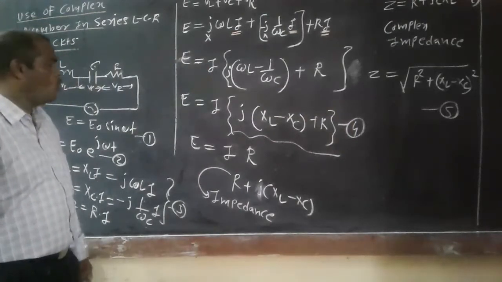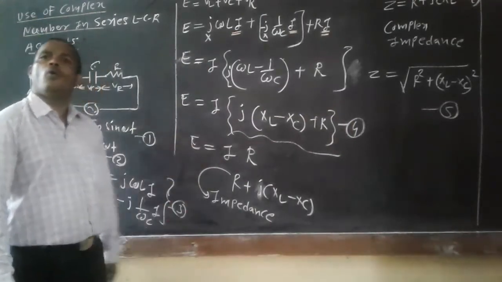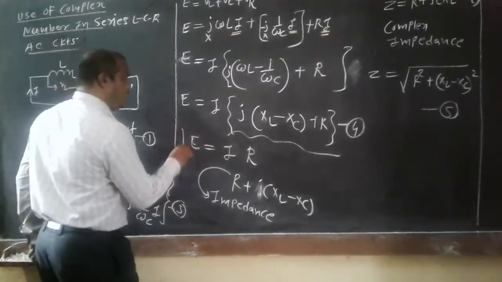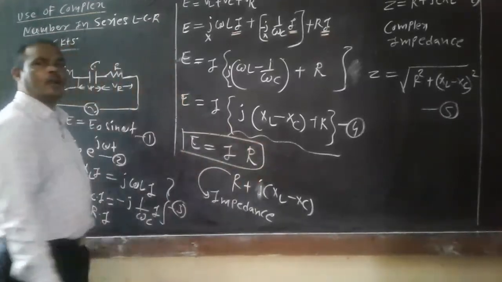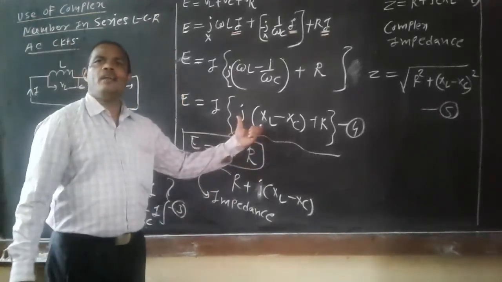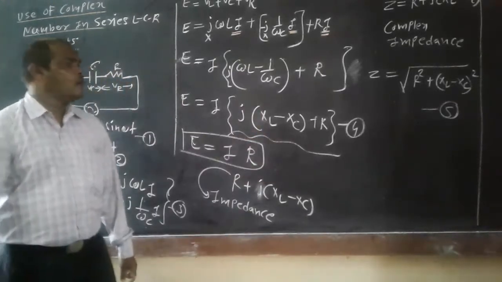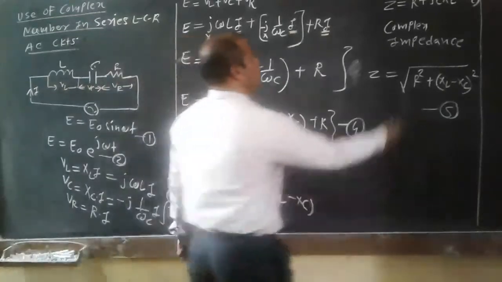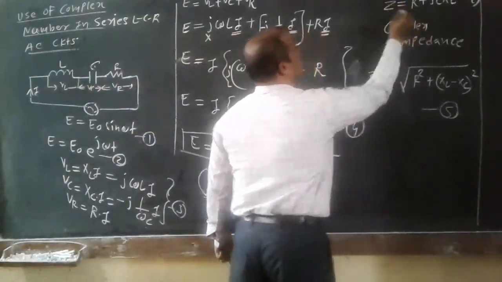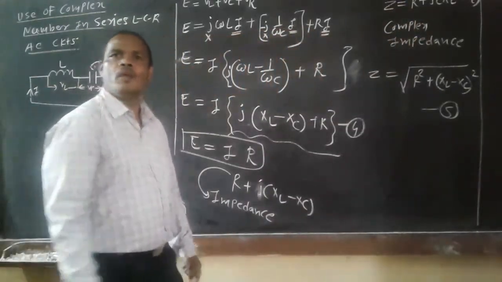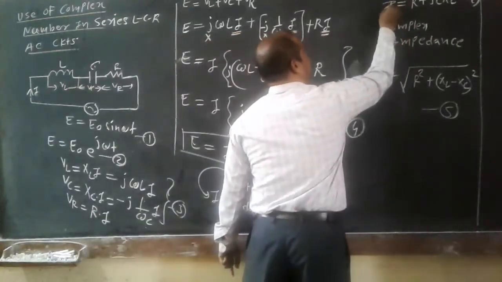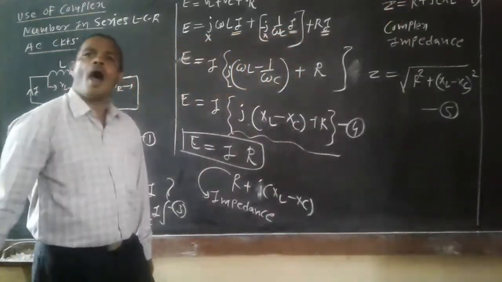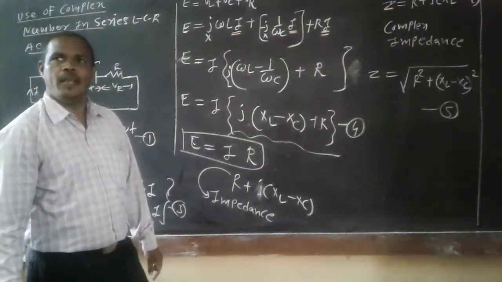Compare this equation 4 with the standard form of Ohm's law, that is E equal to IR. Comparing, we get the term R plus j (XL minus XC), which is called complex impedance, denoted by the letter Z. Z is equal to R plus j (XL minus XC).